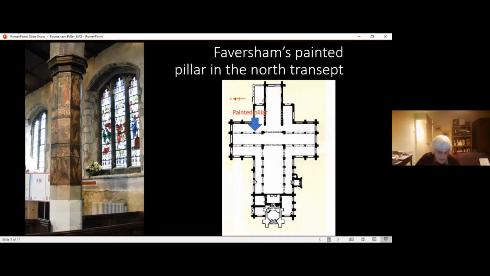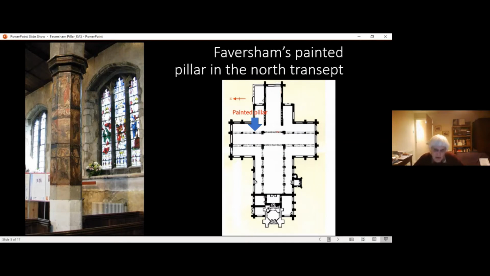So it's lying in lay space rather than being in the chancel, which was clerical space. And this differentiation between lay and clerical space was becoming more important from that late 13th century onwards. So just at the time that this is taking place.